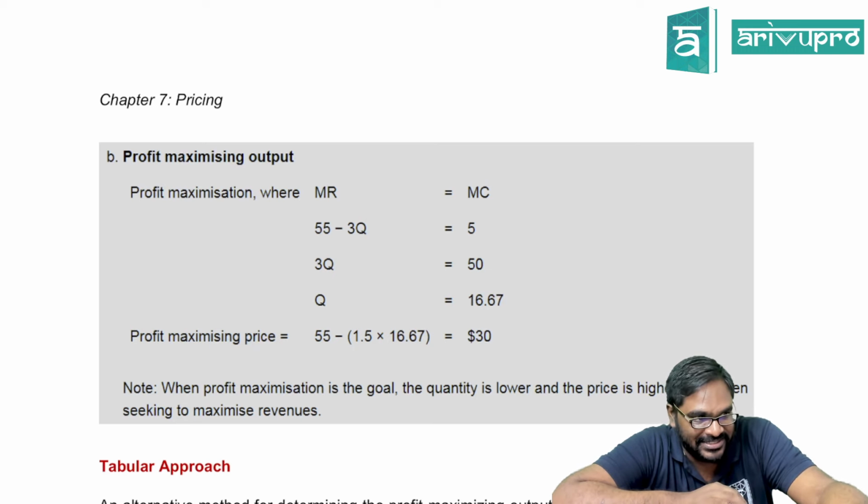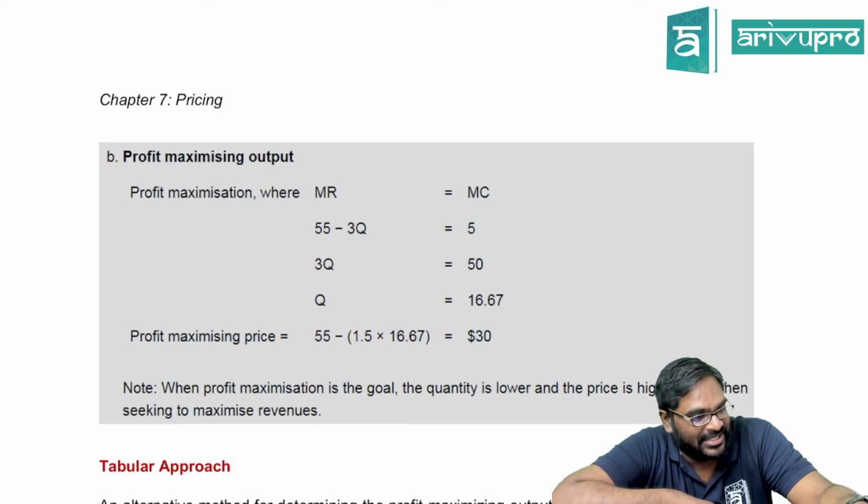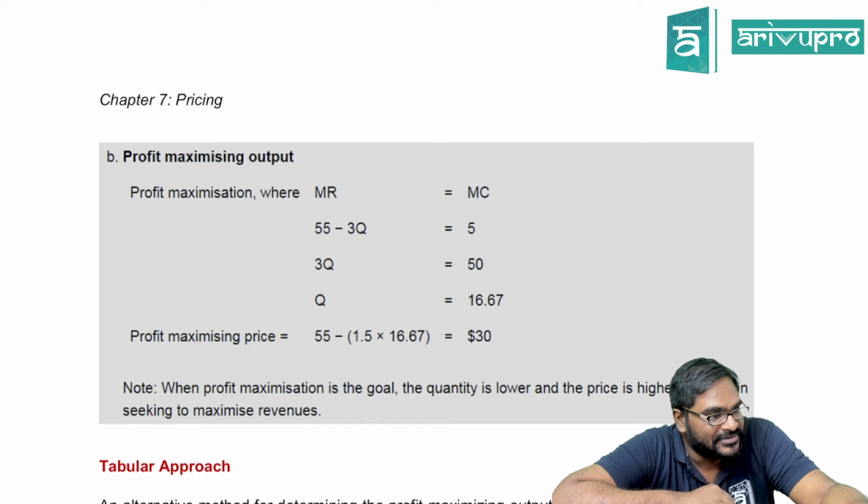Recall? Under activity 3, the total function and marginal function. The marginal function was A minus 2BQ. For this also, we can take the marginal cost function.